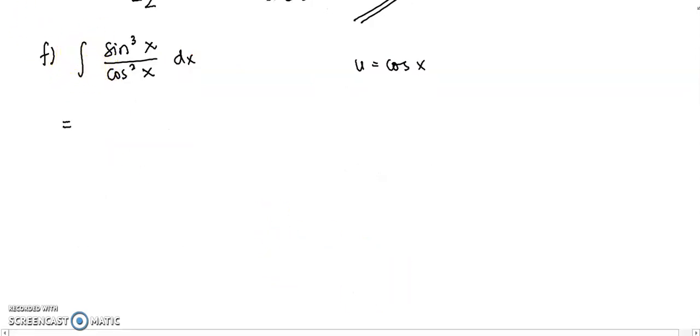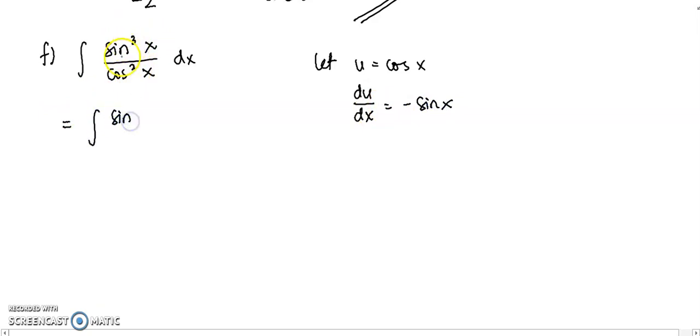For example F, I have to integrate sine power of 3 over cos power of 2. For this question, same thing. I will let u equals cos x, the denominator. Why do I do this? Because once I find du dx, I get my negative sine x. So there is a sine x over here.